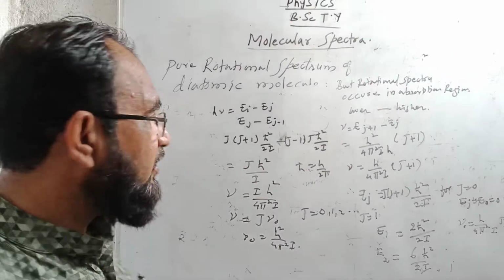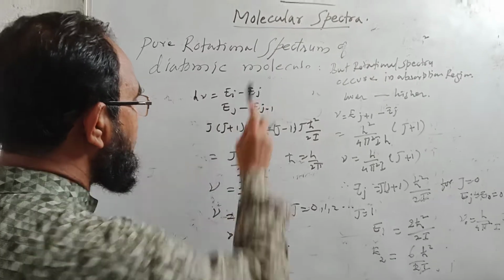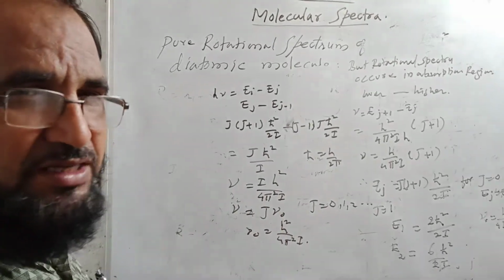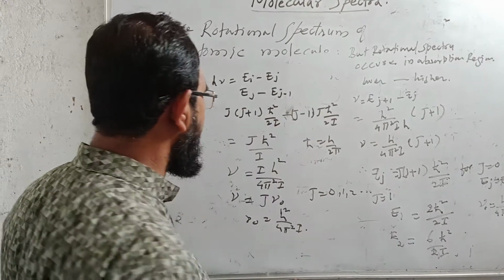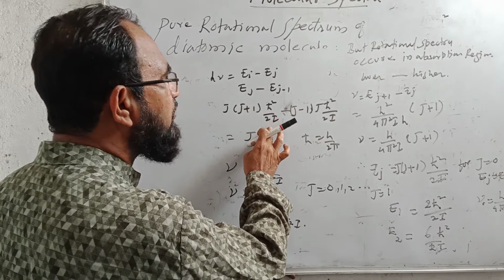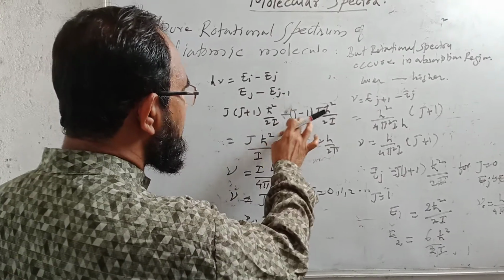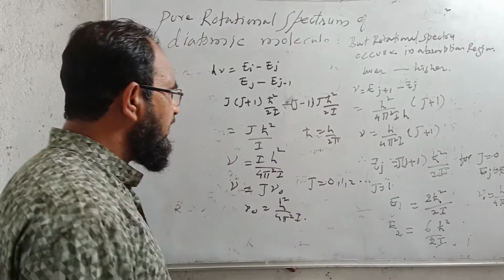To find the energy, we have the equation h nu is equal to Ej minus Ej minus 1, the j level minus the j minus 1 level. So I can write j into j plus 1 h cross square upon 2I minus j minus 1 into j h cross square upon 2I.